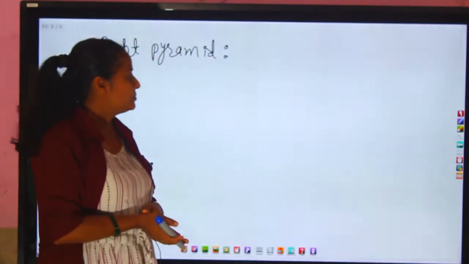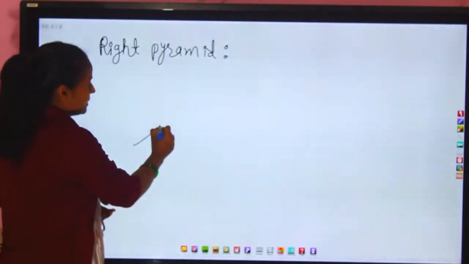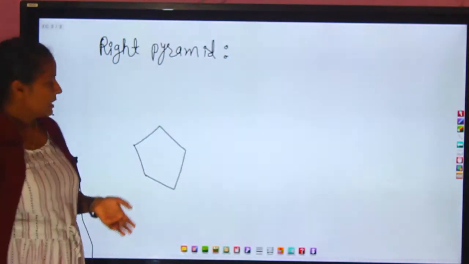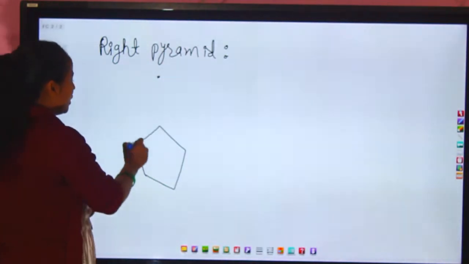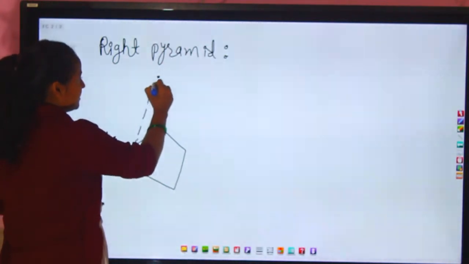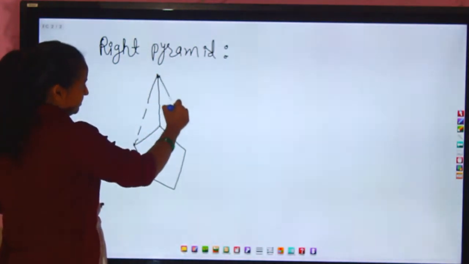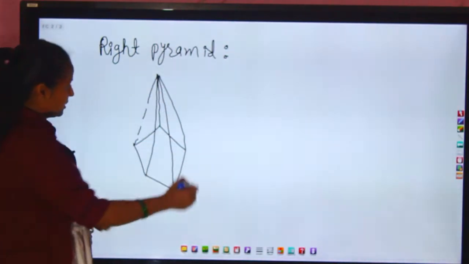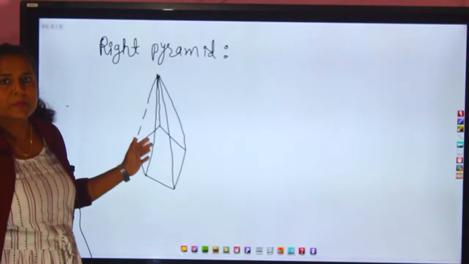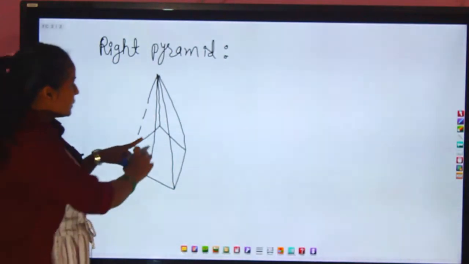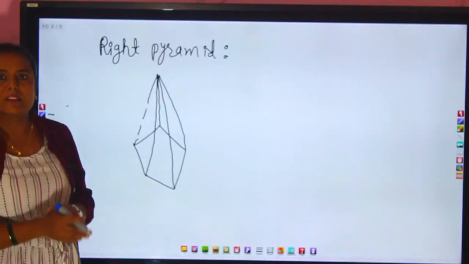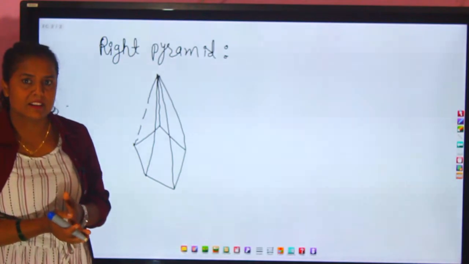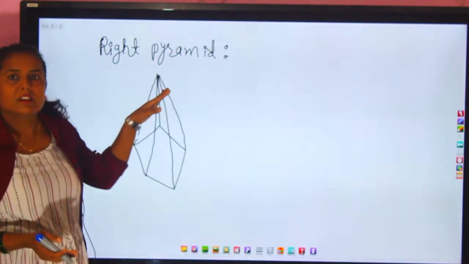You know that the base of a pyramid should always be a polygon, and all the lateral faces should be triangular. This is also a type of pyramid. When the base of the pyramid is a regular polygon and all the lateral faces are isosceles triangles, then the pyramid is called the right pyramid.